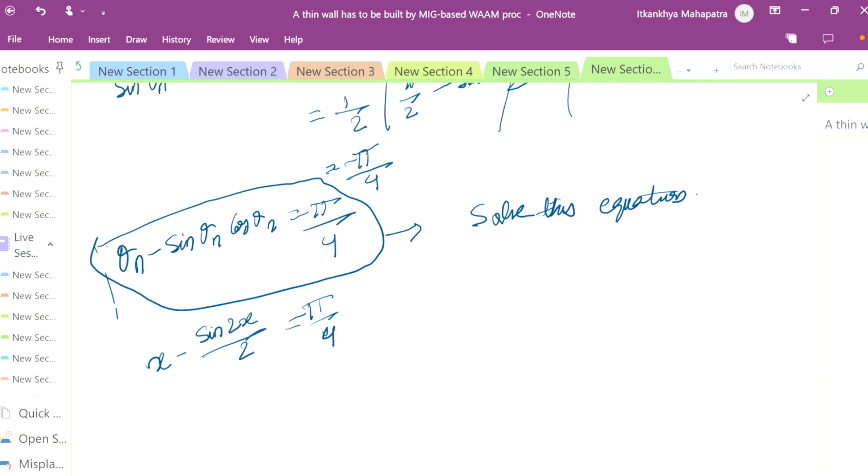We use this graph to solve the equation.